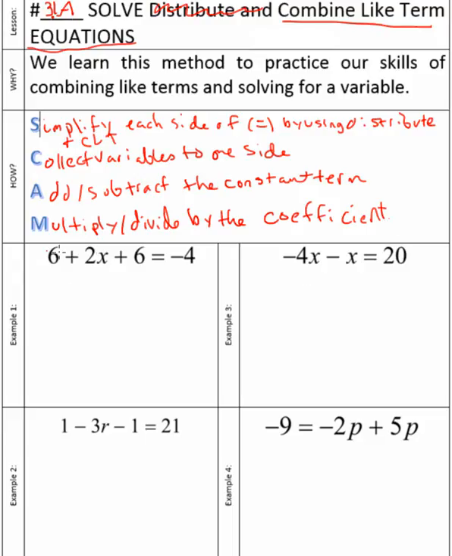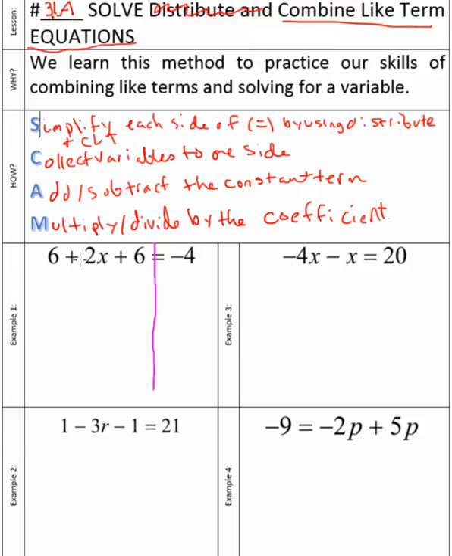All right, so let's take a look at our first example. We're going to apply SCAM, and we're going to see how it works. So we need to simplify each side of the equal sign. So we draw a line down our equal sign. We see that this side on the right is already simplified. It's already -4. There's nothing else I can do over here. However, if I were to look at 6 plus 2x plus 6, I see that I can simplify this side.